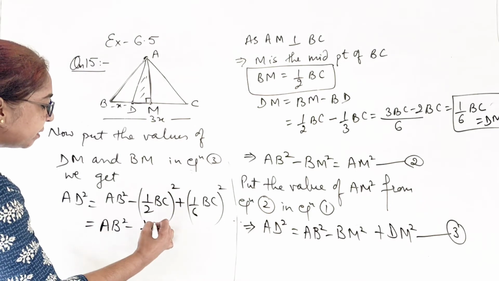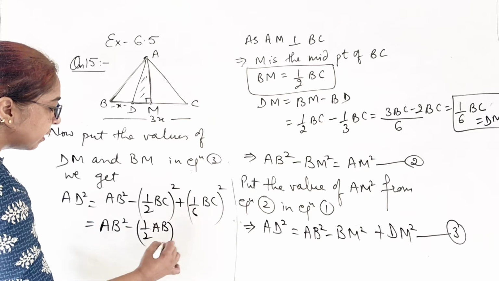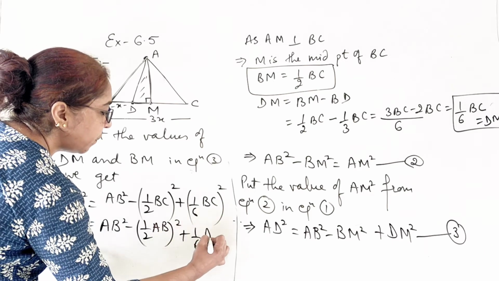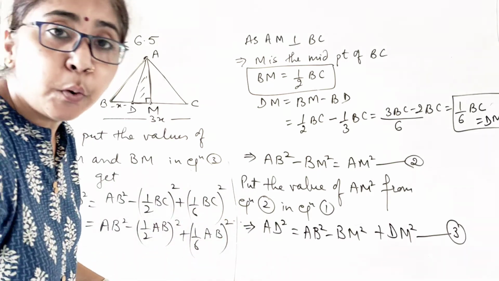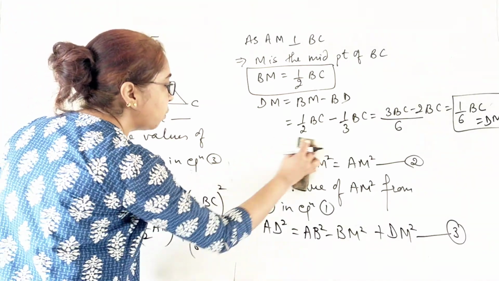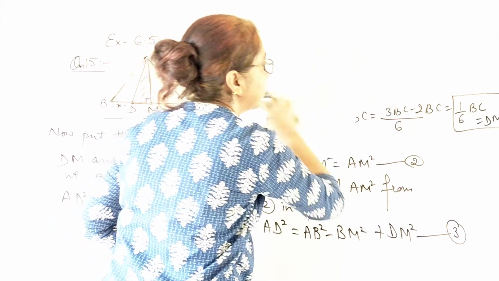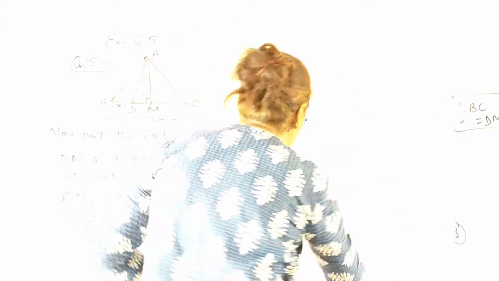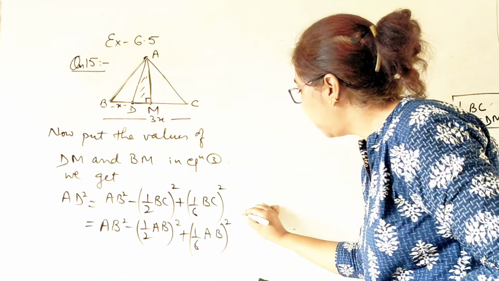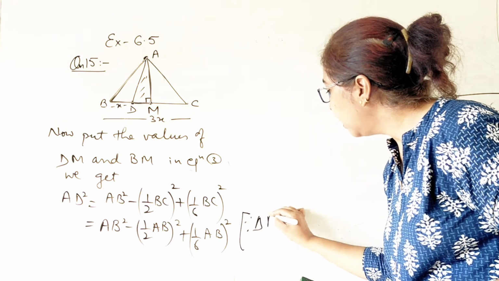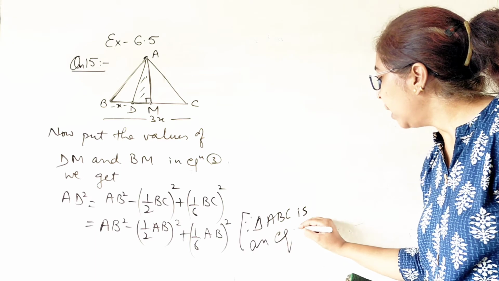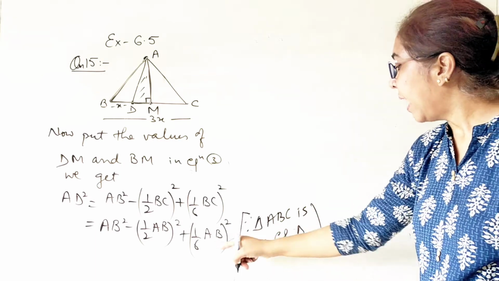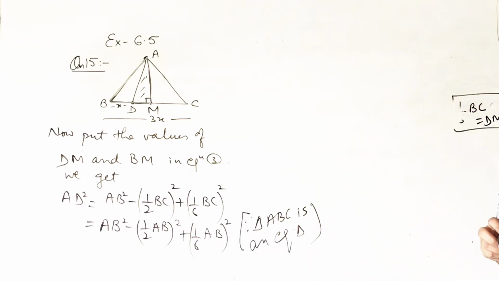I am writing here AB and 1/6 of AB. Why have I done this? Because both of these values are equal. So I can write the reason that triangle ABC is an equilateral triangle. That's why AB and BC are equal.